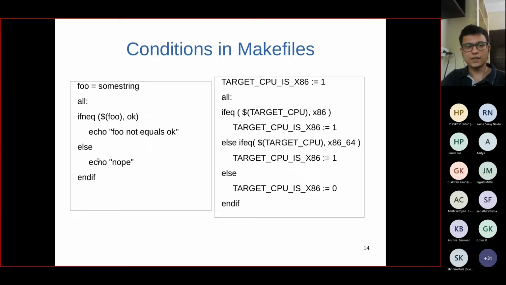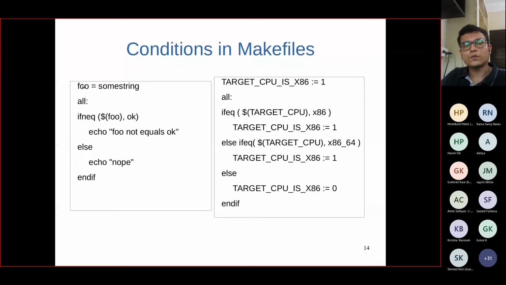Here in this case, it's an echo statement, so it will print no. And here also it's an echo statement. Here we have declared a variable, and there is a small error here. I should add a colon here. Typical assignments should happen using colon equals. So foo colon equals some string.